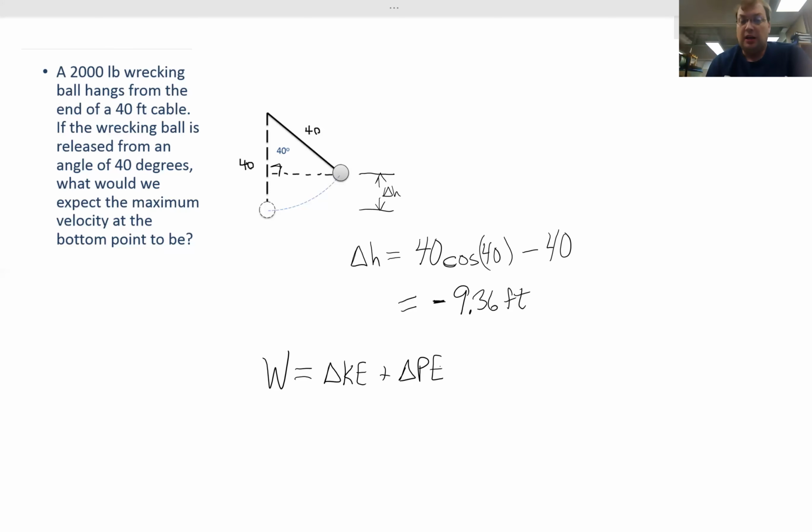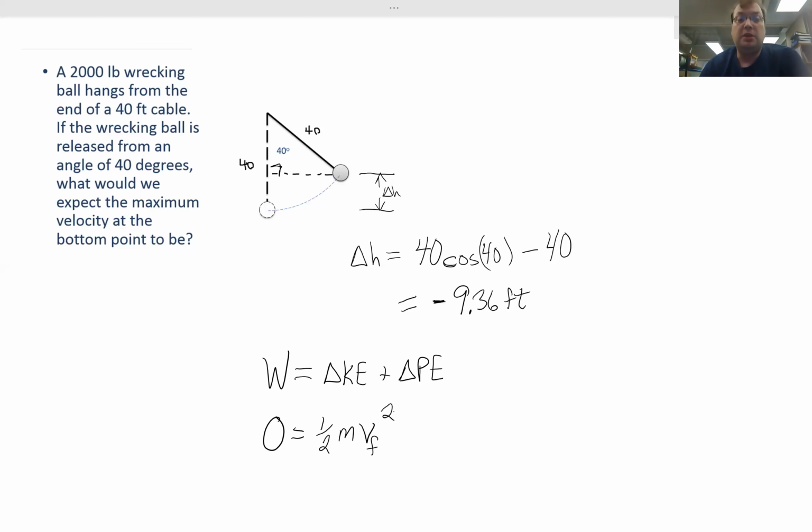As a result of no external work being completed, that work is equal to 0. The change in kinetic energy is 1/2 multiplied by the mass multiplied by V final squared.